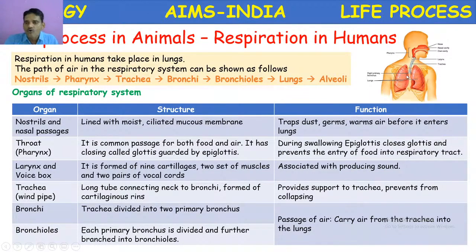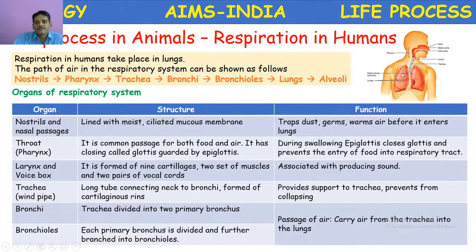Then each bronchus is further divided into small tubes called bronchioles. These bronchioles open internally into alveoli or air sacs, where the exchange of gases takes place. So the air passes from the nose, nasal cavity, into the pharynx, then trachea, then bronchi, then bronchioles.